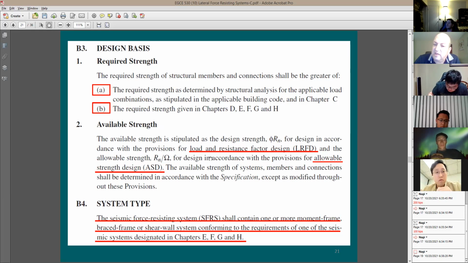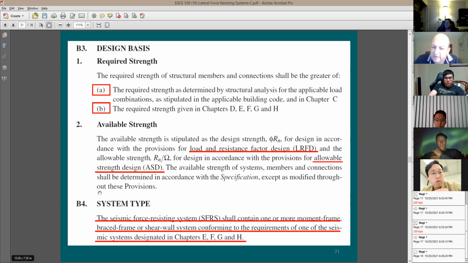This is if you are doing LRFD design, which we are going to be doing. If you are doing ASD, you're going to be taking Rn, which in this case is going to be Mn, Pn, or Vn, divided by this omega. This omega depends. It's 2.5, 2, 3, depending on which member you're designing or which force you're designing for.